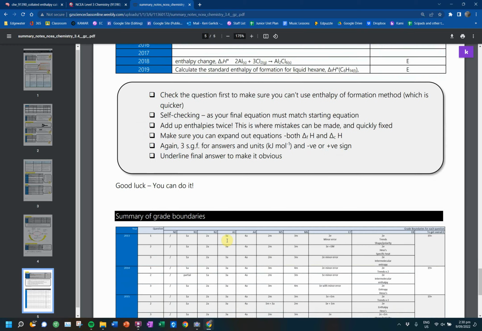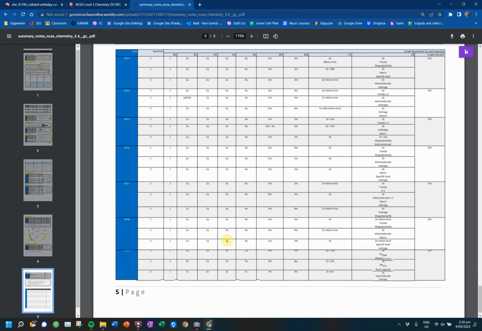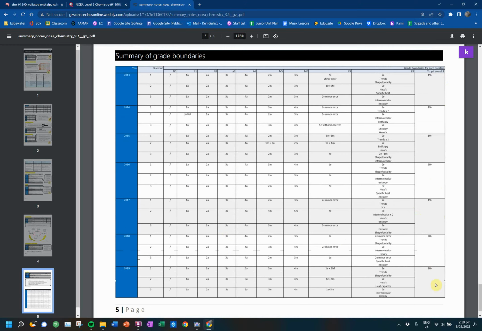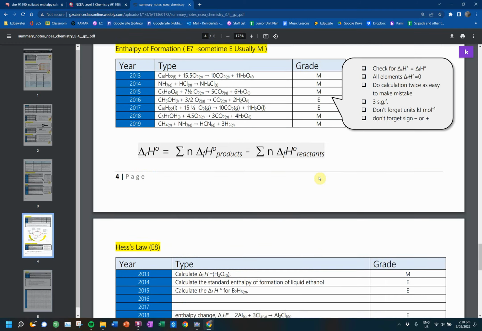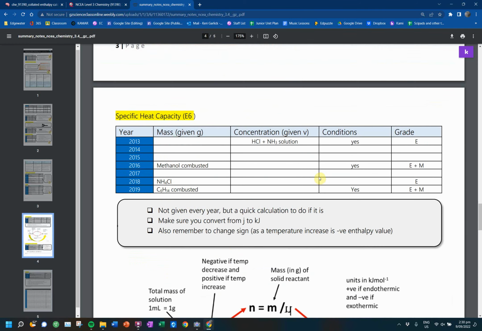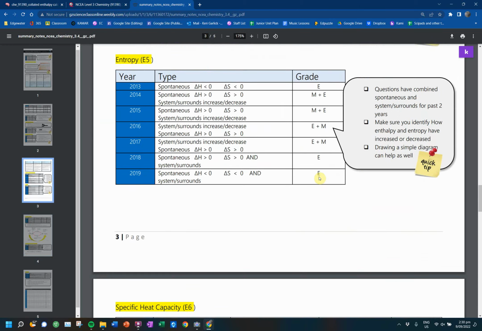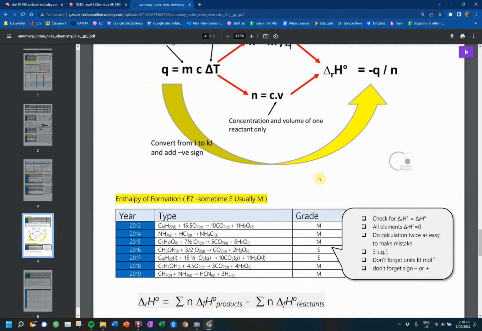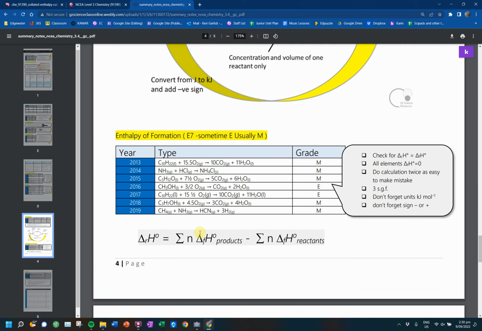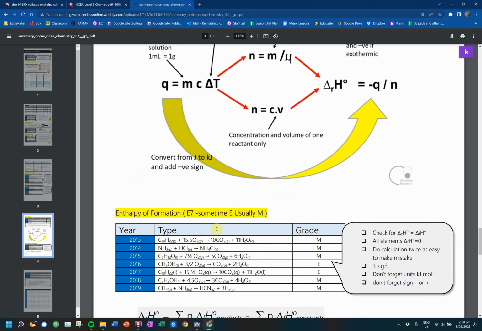And they've given you also the grade boundaries, which is useful, so you know if it was at 19 or 20 points. So it's a useful tool. Yeah, so this one here, they go through a list of the formation ones, so you're probably going to get that, so it's worth practicing the shortcut.